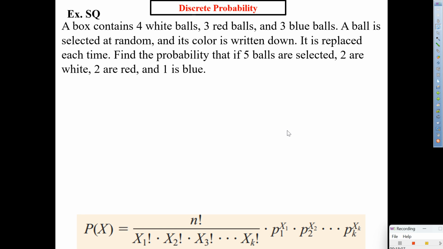It reads, a box contains 4 white balls, 3 red balls, 3 blue balls. A ball is selected at random and its color is written down. It is replaced each time. Find the probability that 5 balls are selected. If 5 balls are selected, 2 are white, 2 are red, and 1 is blue.